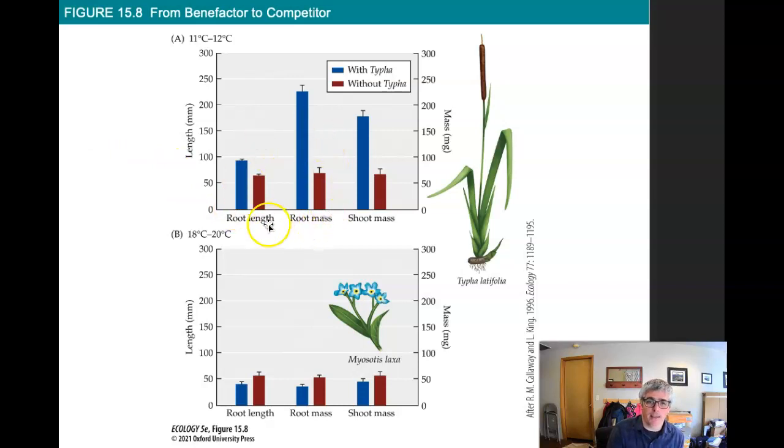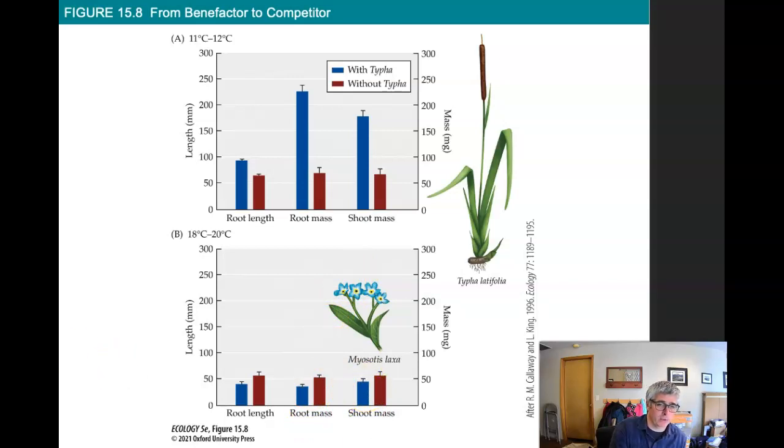So we can look at various biomass measurements, root length, root biomass, and shoot mass, and see that for the forget-me-not, when it's grown with cattails and grown without cattails.